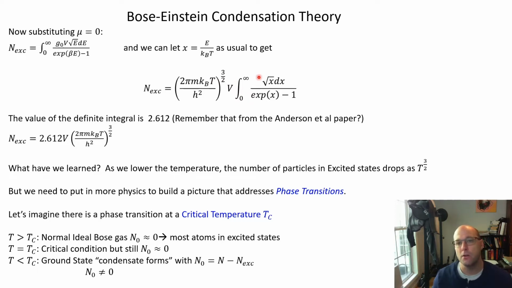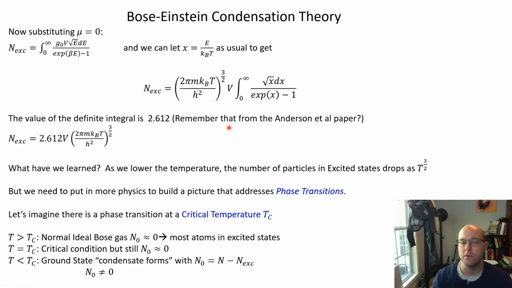But then we have an integral over x from 0 to infinity, and you can imagine just plugging this integral into Wolfram Alpha. In any case, it's a known integral. Its value is 2.612. It's related to a Riemann zeta function. I think it's evaluated at 3/2 or something.